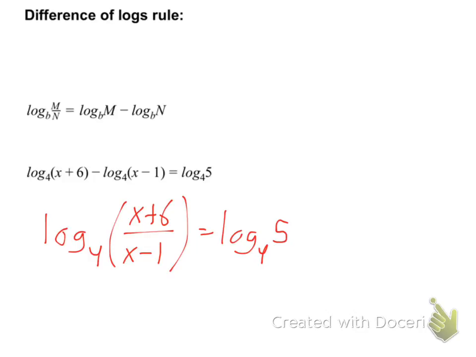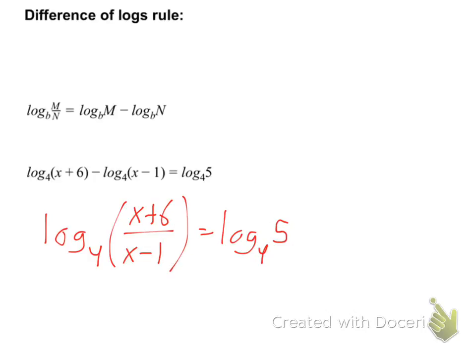I left out the whole x plus 6 over x minus 1 and the 5. That's because the only way for a log base 4 of a number to equal a log base 4 of another number is if those two numbers are the same.